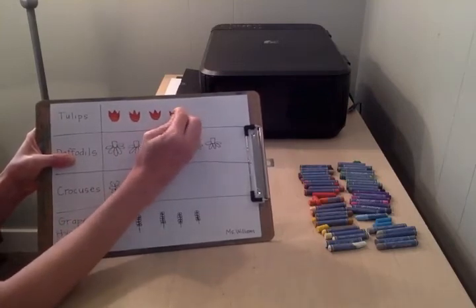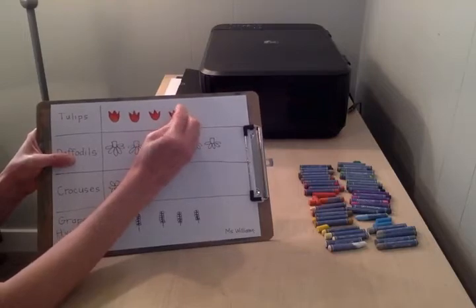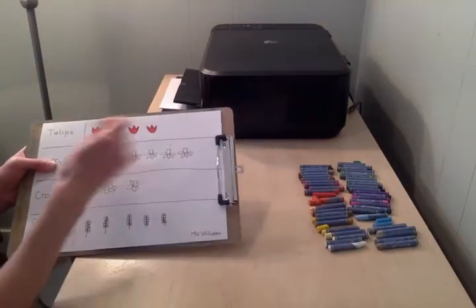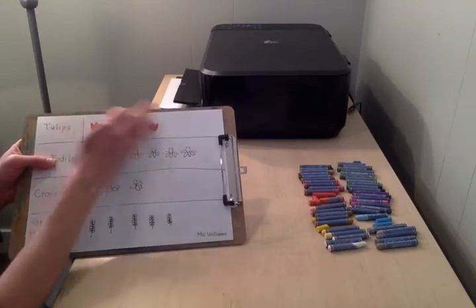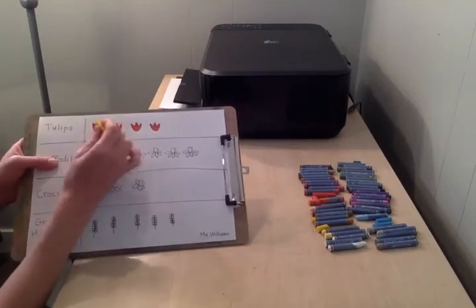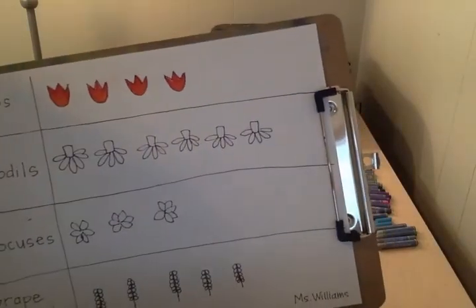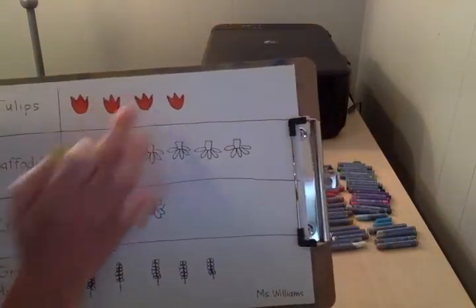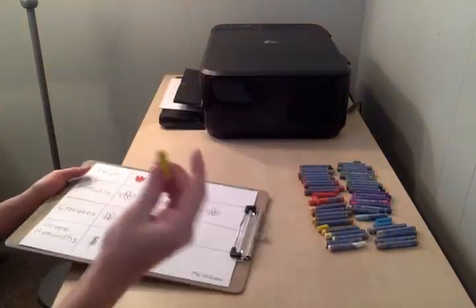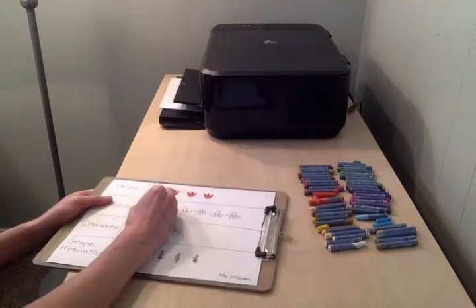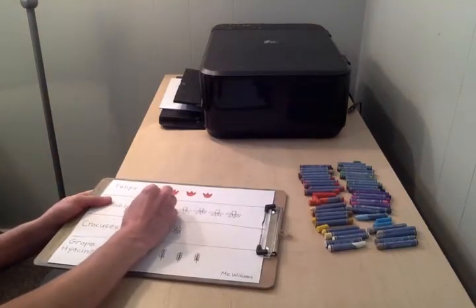They're almost more like paint when it's wet and it mixes. Because these are a little bit more wet than a colored pencil or a crayon, they blend a little bit, so you can see how it kind of mixes in there. Okay, and then I need my yellow here for my daffodils.